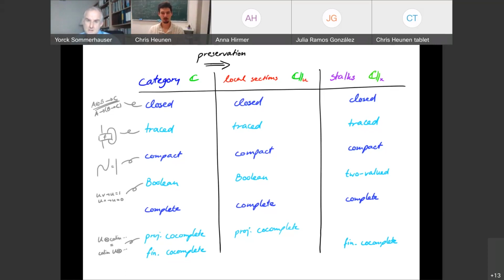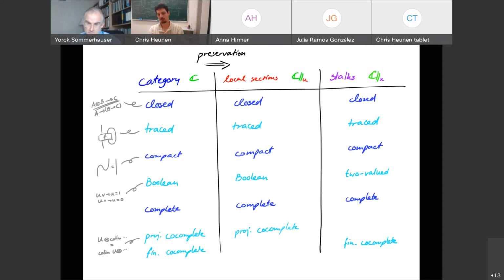But this is a property that's really about monoidal categories that doesn't often play a role for Cartesian categories. And the same goes for compactness. So your monoidal category could have the property that every object has a dual. So something like, if you think about finite dimensional vector spaces, every object comes with a dual vector space. If your big category has that property of compactness, then so will the small categories and the tiny categories.